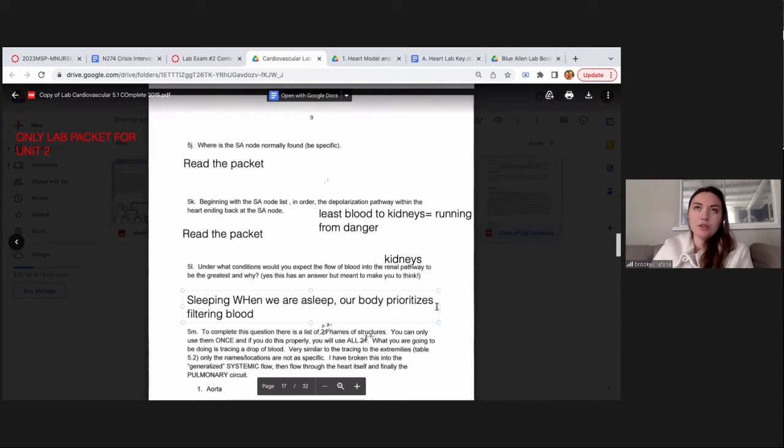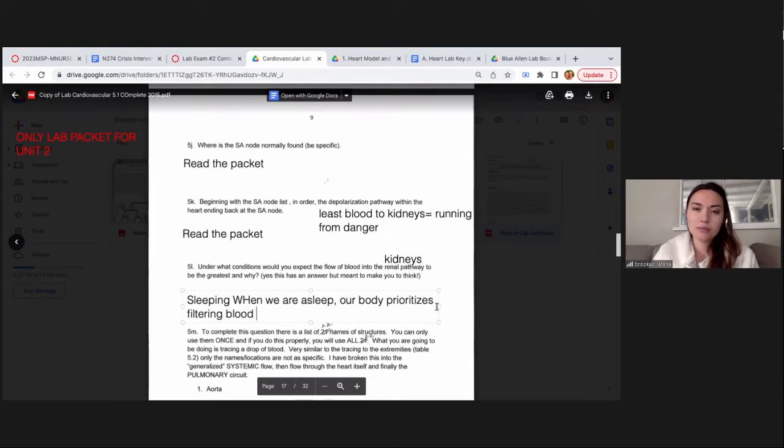It doesn't mean that you don't filter blood throughout the day. Obviously, we all urinate throughout the day, but it's like how whenever you wake up, you have to pee, and usually you have to pee a lot. That's because your kidneys were working overtime all night long to make a lot of that urine, because they're really filtering your blood a lot when you're asleep.